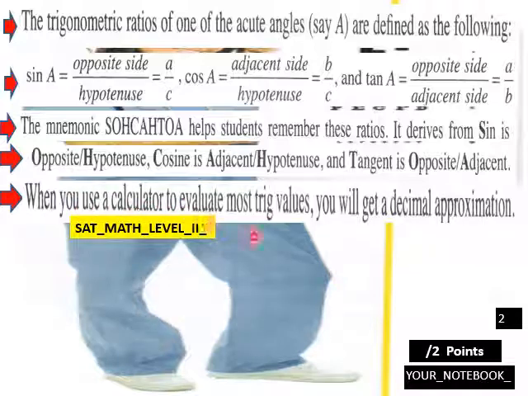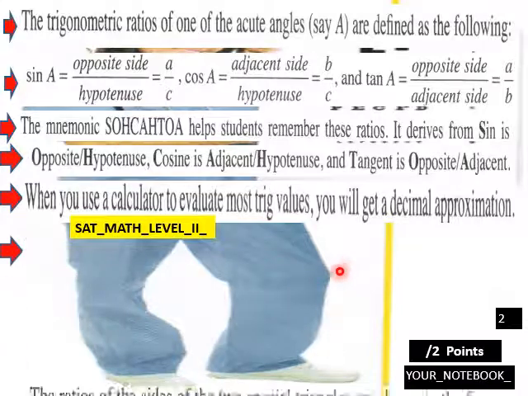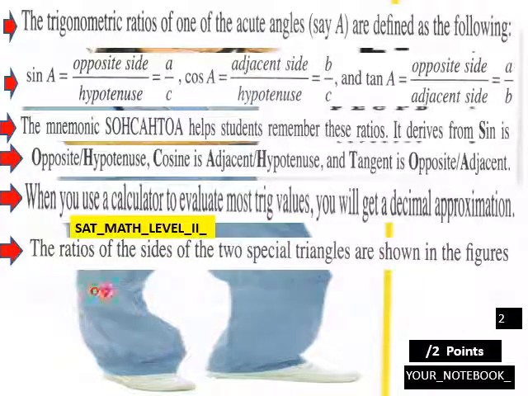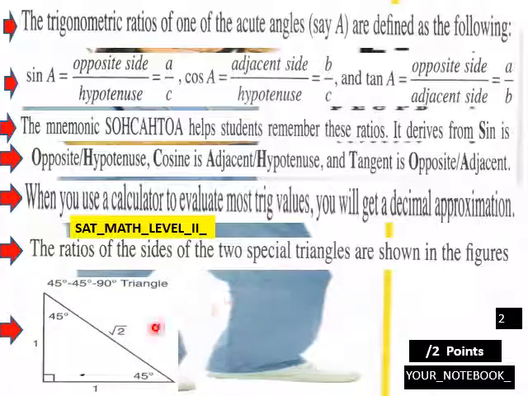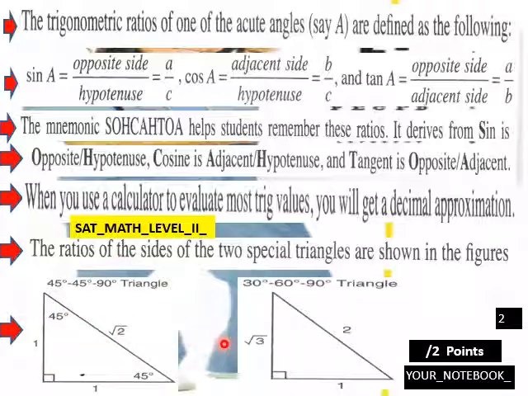When you use a calculator to evaluate most trig values, you will get a decimal approximation. The ratios of the sides of the two special triangles are shown in the figures. Here's one: a 45, 45, 90 triangle. And then this is a 30, 60, 90 triangle.